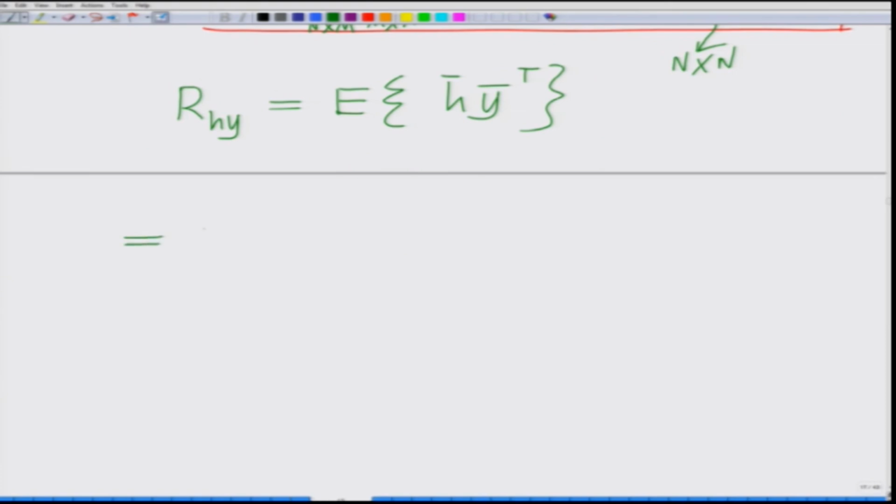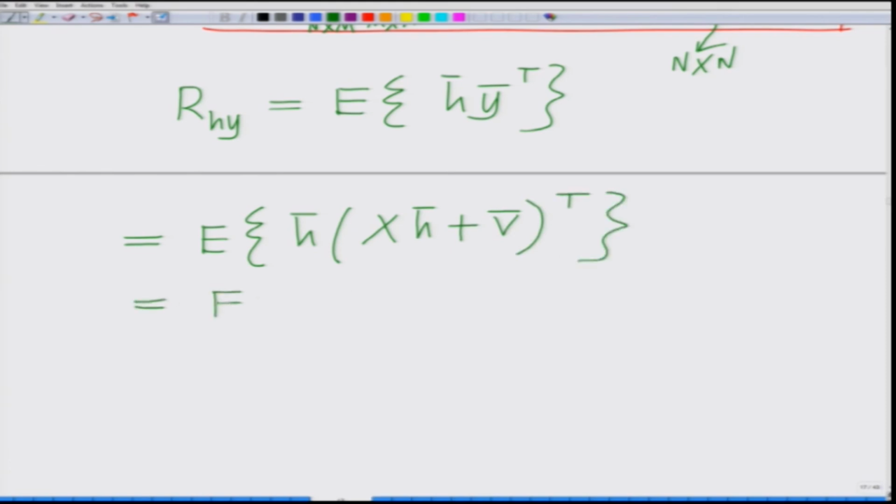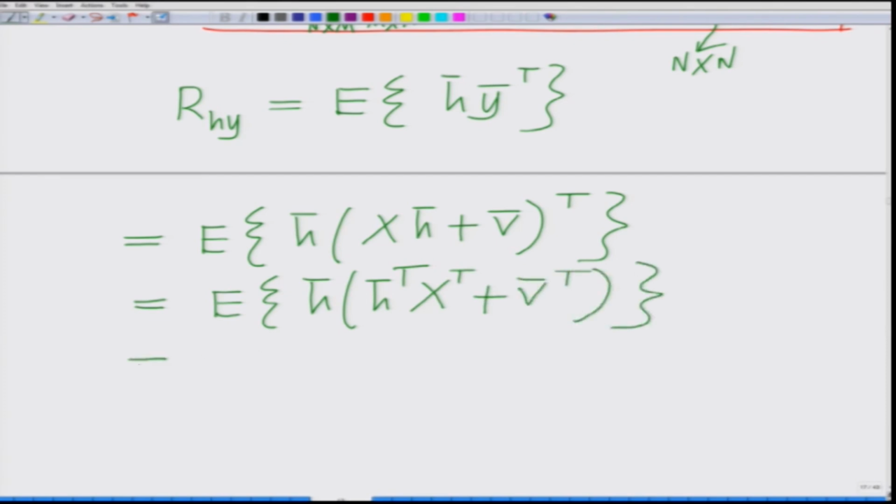This is equal to expected value of H bar times (x H bar plus V bar) transpose, which is equal to expected value of H bar (H bar transpose x transpose plus V bar transpose), equals expected value of H bar H bar transpose x transpose plus H bar V bar transpose.